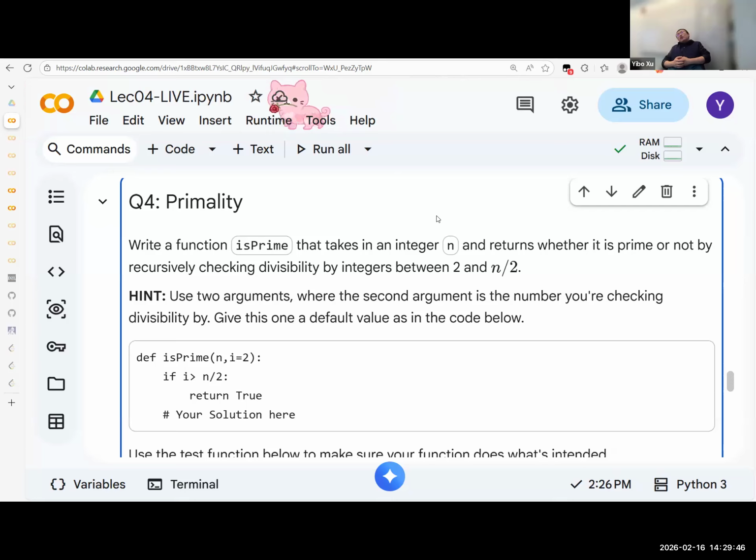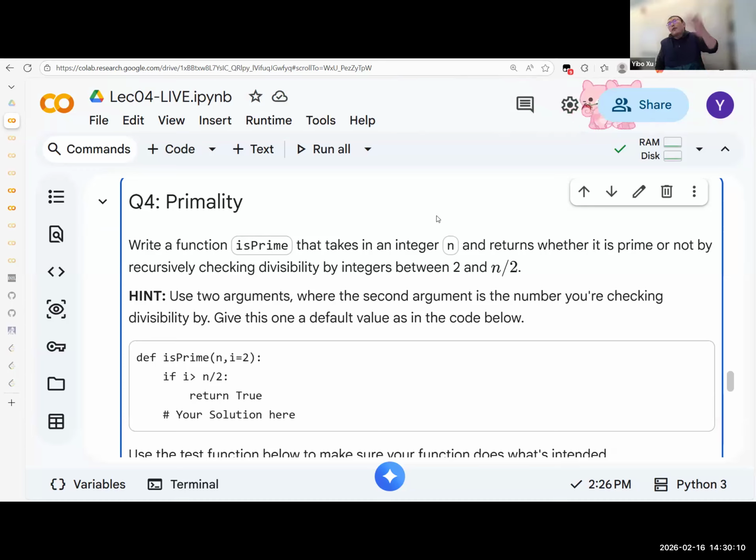Then you need to think about some potential issues. If you are doing 2, and n over 2 is 1, so if you're going from 2 to n over 2, then maybe that n over 2 is not even larger than 2. So there are certain small issues you need to take care of when writing this kind of for loop.